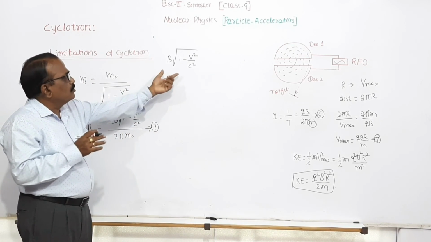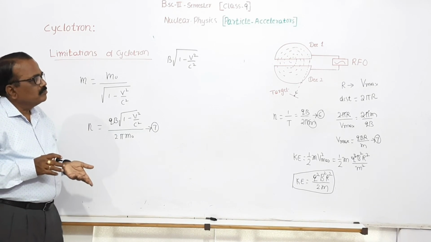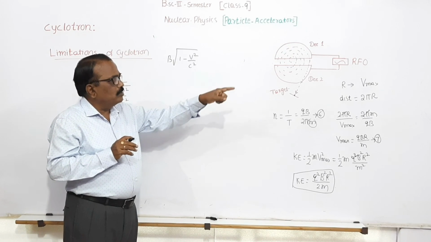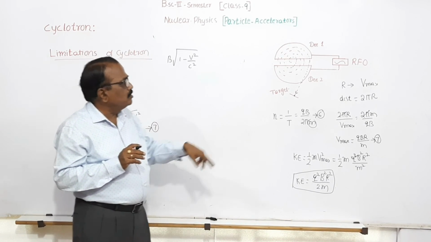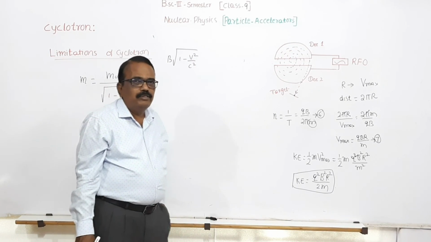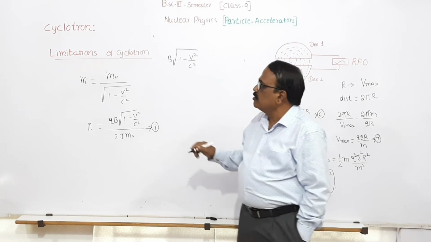If it is kept constant, the frequency remains constant. Then another way is, we have to change the applied voltage of the radio frequency oscillator continuously. That should match the frequency of the revolution of this charged particle. This is the main drawback of this cyclotron.